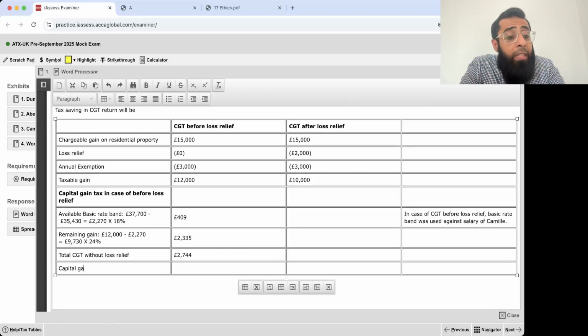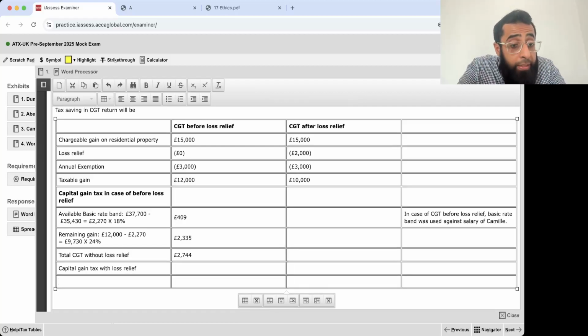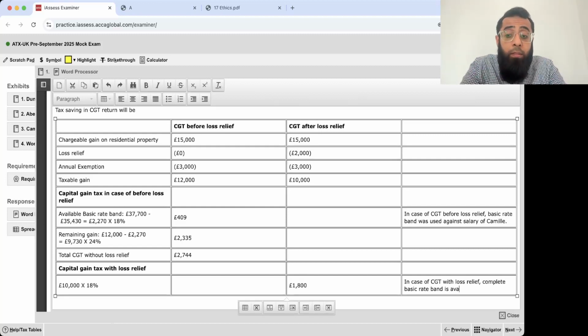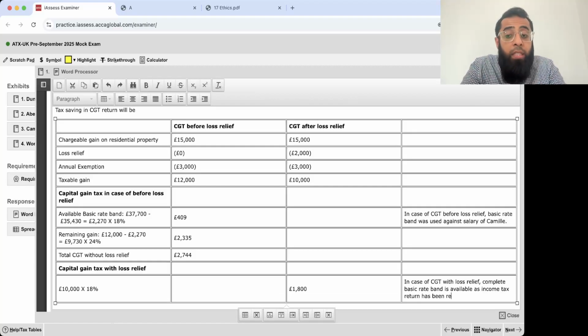Now, capital gain tax with loss relief. In this case, what you need to understand is that this gain of 10,000 pounds multiplied by 18% only gives us 1,800 pounds. In case of CGT with loss relief, the complete basic rate band is available, as the income tax return has been relieved against the trading loss.